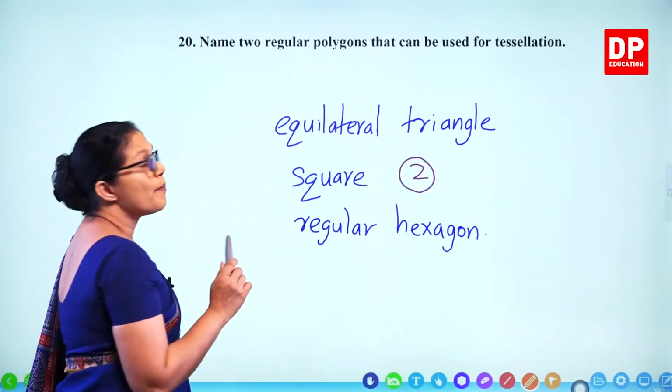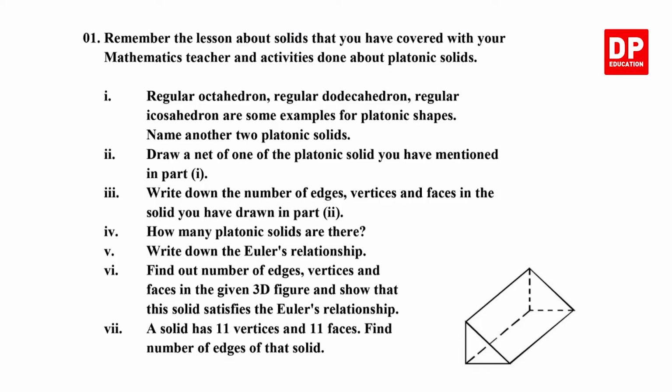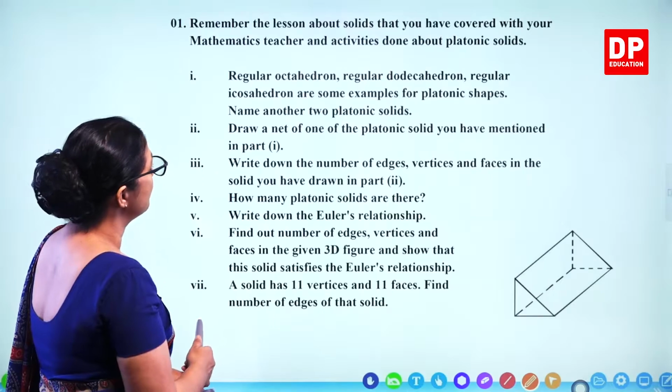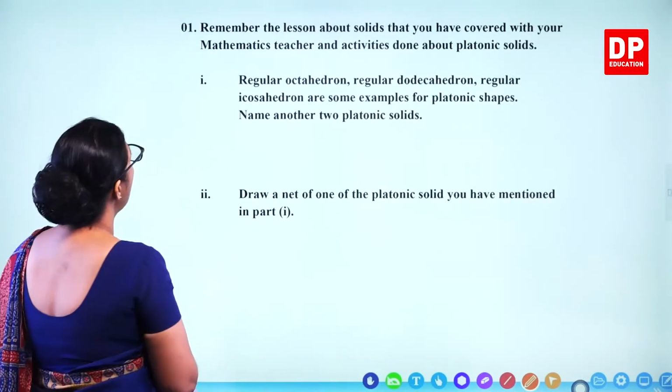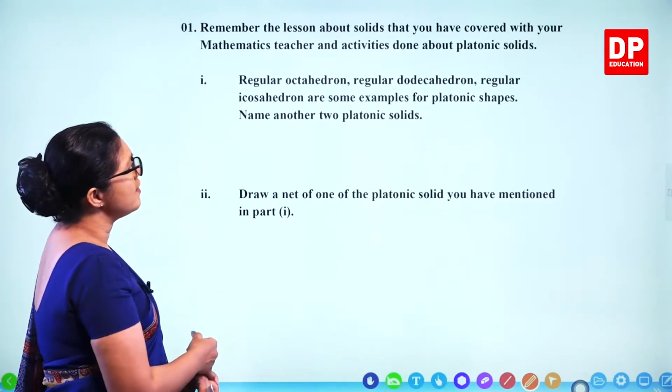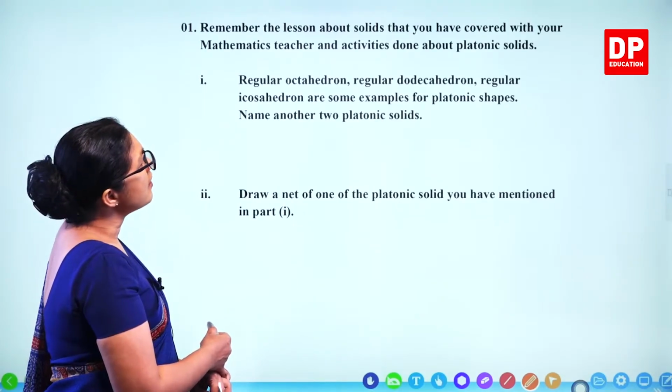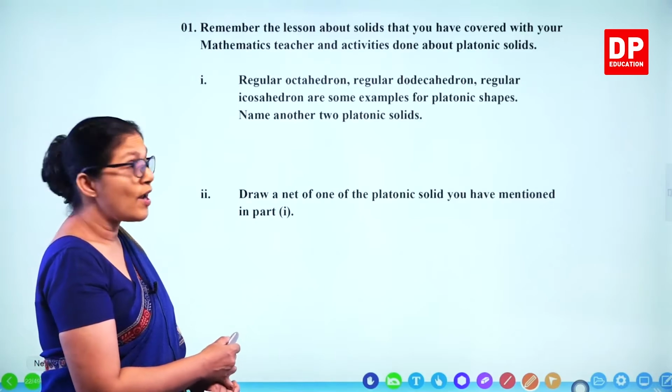So let's do part 2 now. Question number 1 in part 2. You get 7 parts. Remember the lesson about solids that you have covered with your mathematics teacher? And activities done about platonic solids?